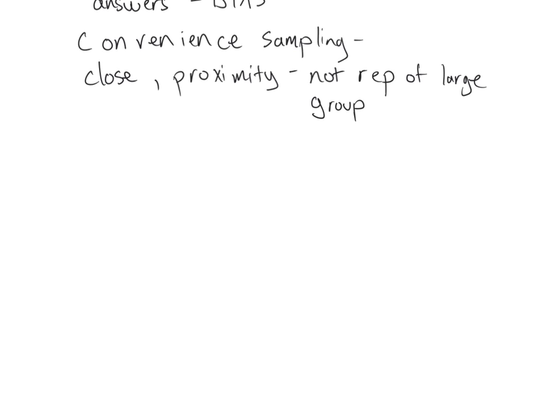Convenience also can suffer from what we call undercoverage. Undercoverage is basically you missed a group, part of your population that you're trying to get.